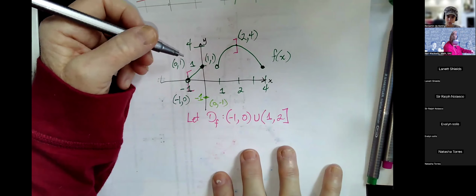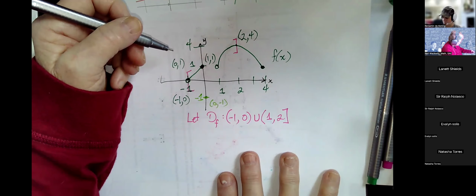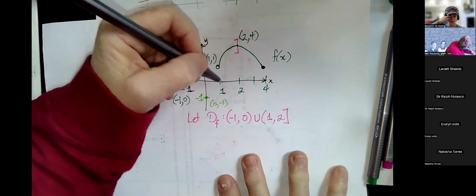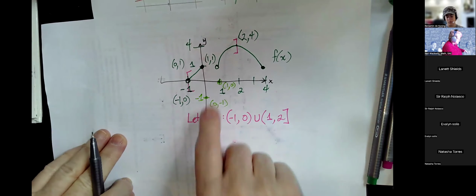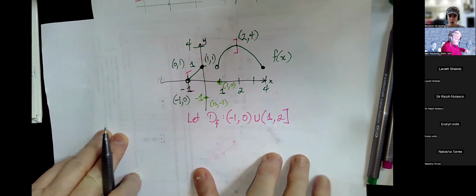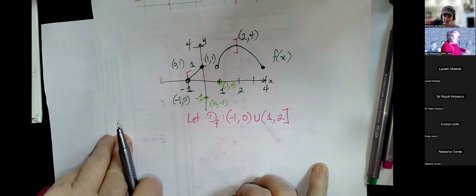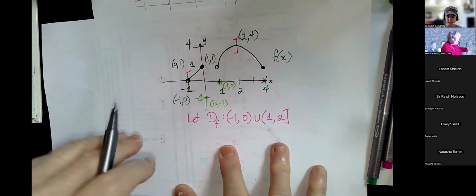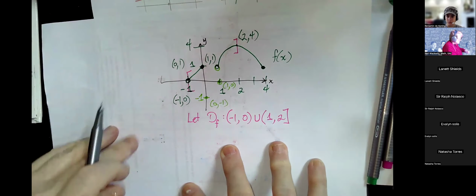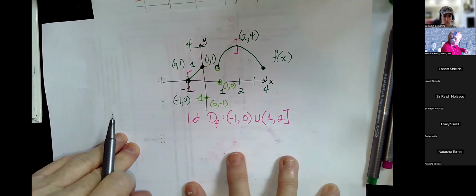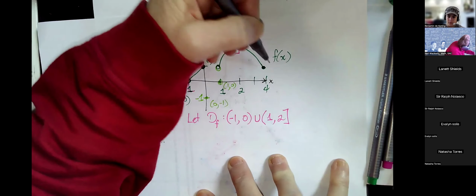I was confusing myself. So 0, 1 is going to become 1, 0, and that's filled in. And 1, 1 will become 1, 1, and will it still be an open? Yes. Good. And 2, 4 will become 4, 2. Beautiful.